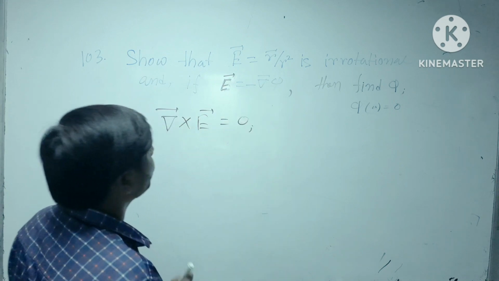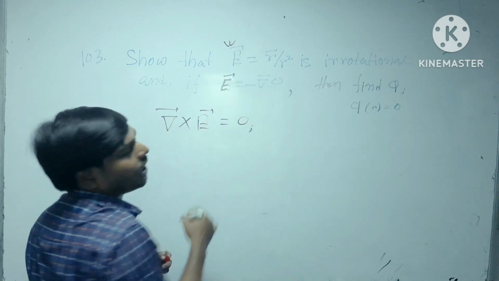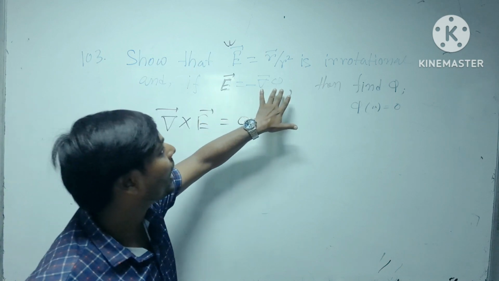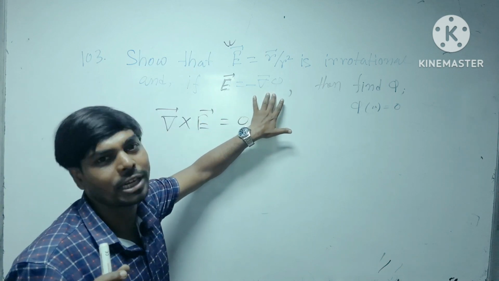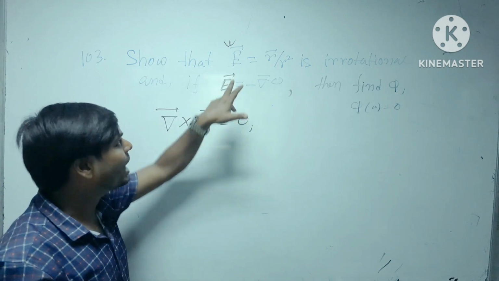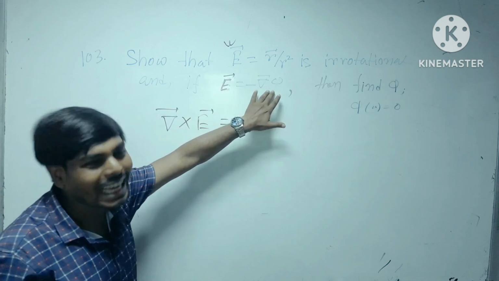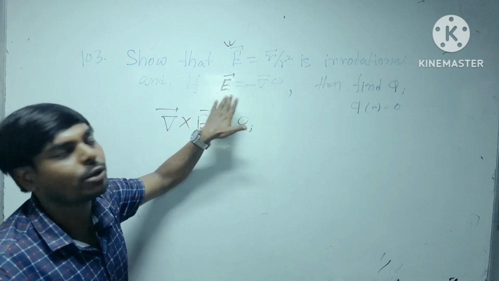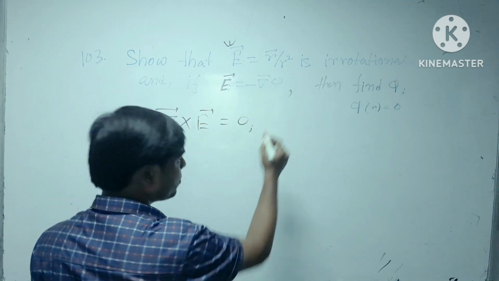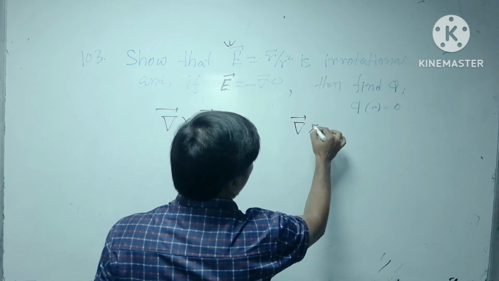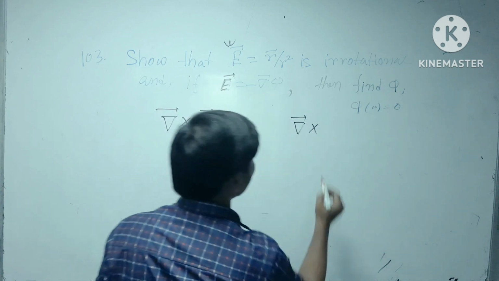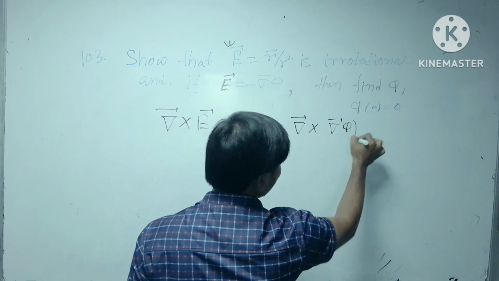Why is this so? If curl of any vector field is 0, then we can generate this vector field from a scalar field by taking the gradient of that scalar field. মানেটা কি বললাম, যদি কোনো ভেক্টর ফিল্ডের কার্ল 0 হয়ে যায় তাহলে সেই ভেক্টর ফিল্ডটাকে কোনো একটা স্কেলার ফিল্ডের গ্রেডিয়েন্ট থেকে প্রডিউস করা যায়। Because we know that curl of gradient of any scalar function is 0.